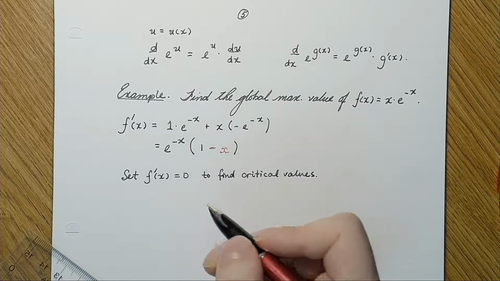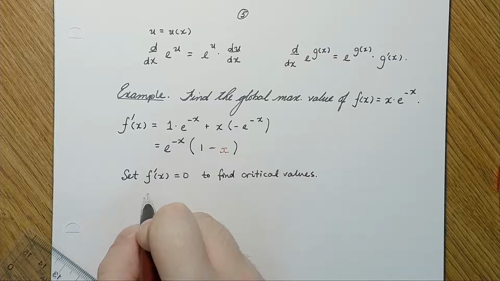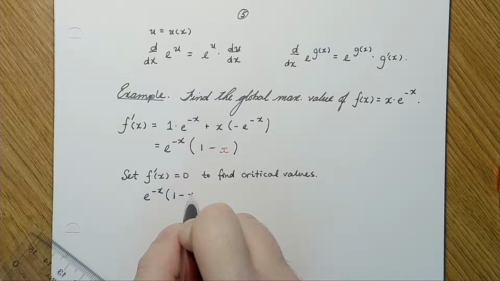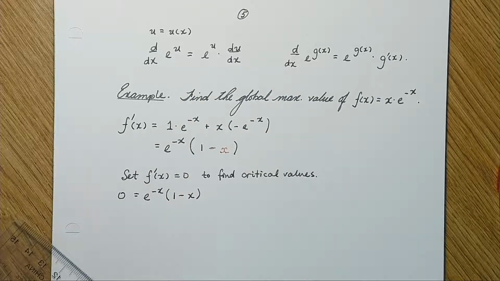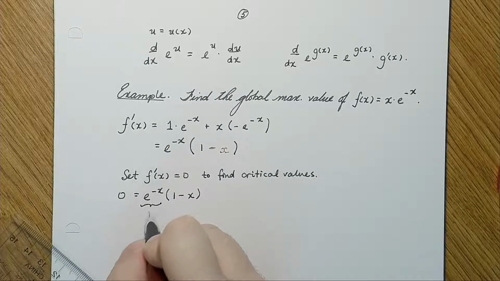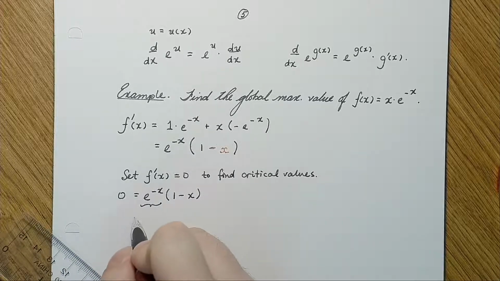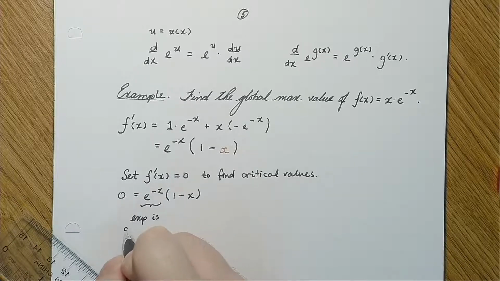Okay, so the thing to note is that e to the minus x, so I'm going to set that equal to 0. Now the thing to notice about this is that it is always positive because it's an exponential function. So an exponential function is always positive.